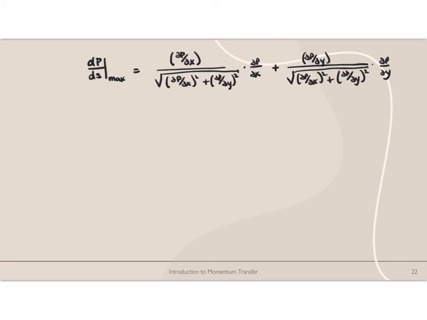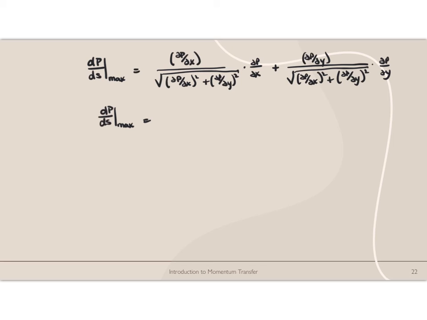This was all my cosine of alpha, okay? And then dp/dy over the square root of dp/dx squared plus dp/dy squared times dp/dy. So I can now combine these to get dp/dx squared, and these to get dp/dy squared.